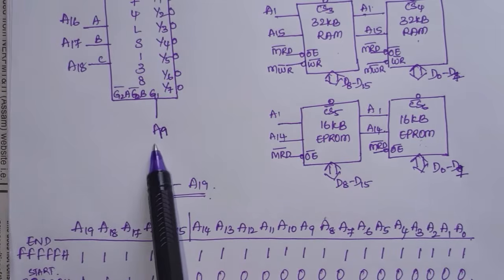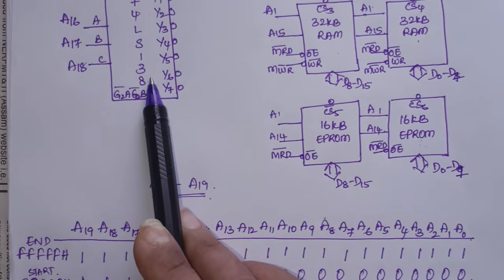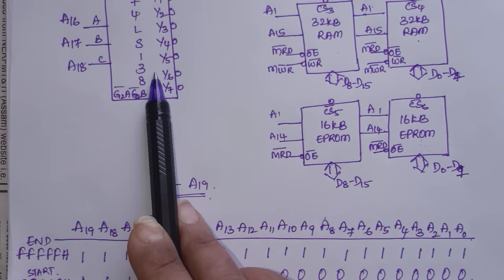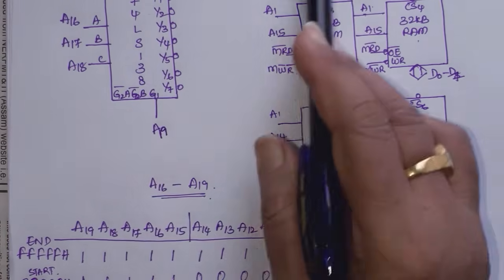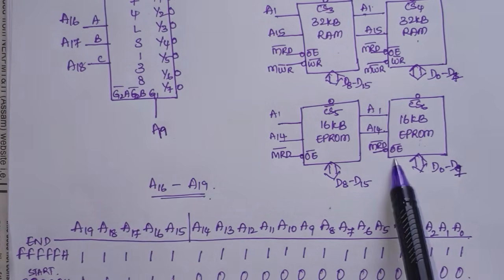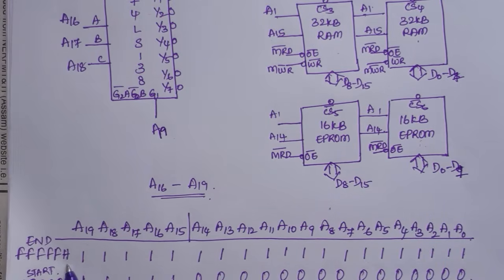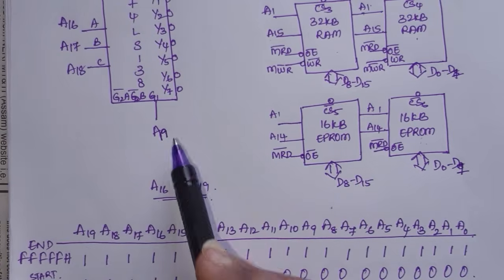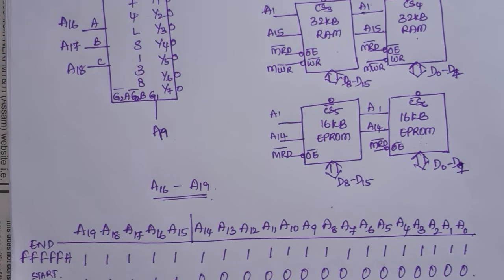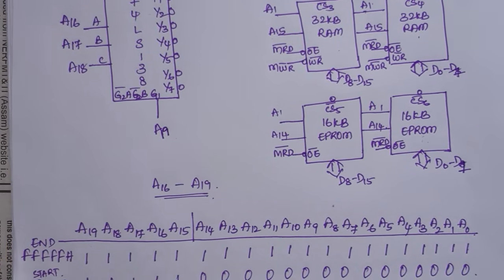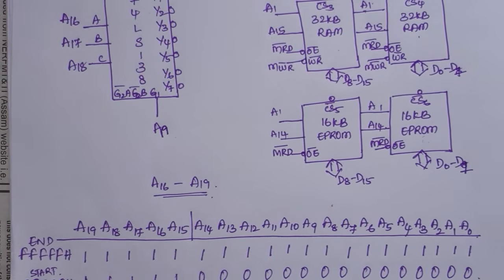Until and unless A19 is equal to 1, this decoder will not be selected. If this decoder is not selected, then these chips will not be selected. So for the ROM address location to be accessed, A19 must be equal to 1. We'll see about the rest of the address bits.